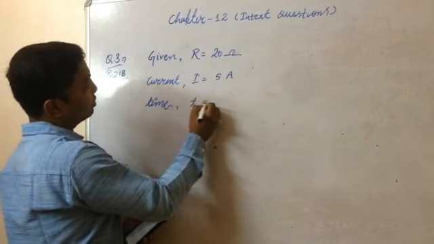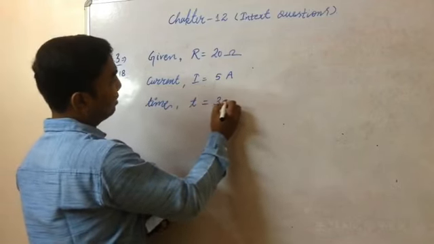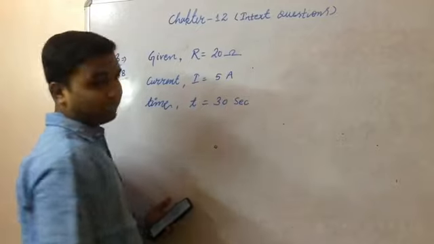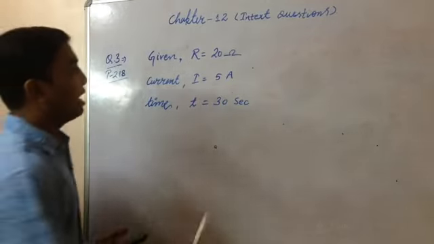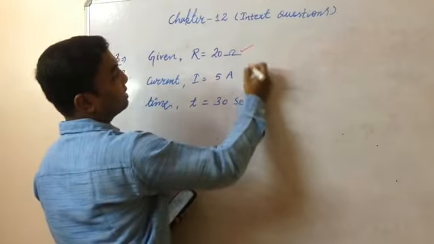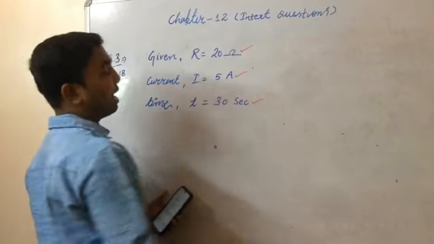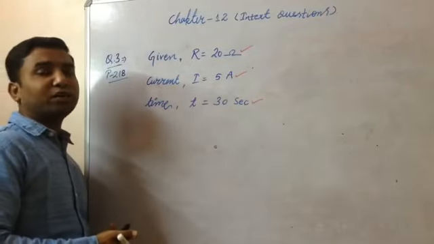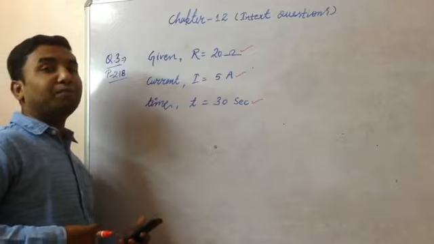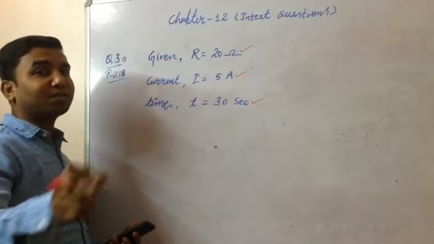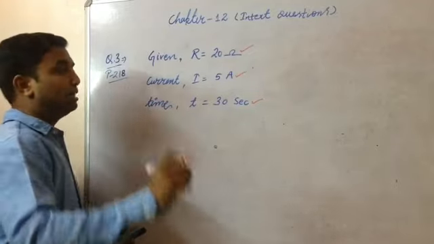Time t equals 30 seconds. So now you can see everything is given in SI units. Ohm is the SI unit, ampere is the SI unit, and time is also given in SI unit. So there is no need to convert, like in the previous question, where time was given in hours, so we converted the time into seconds.